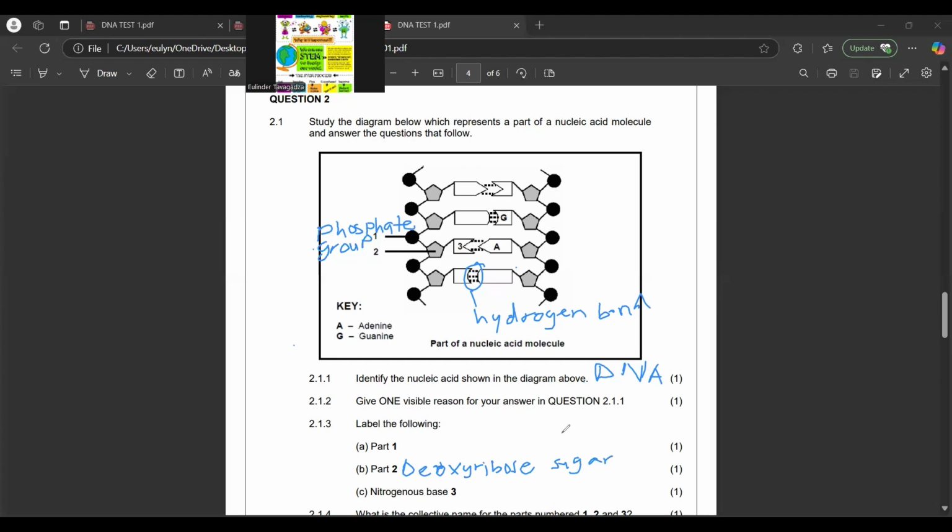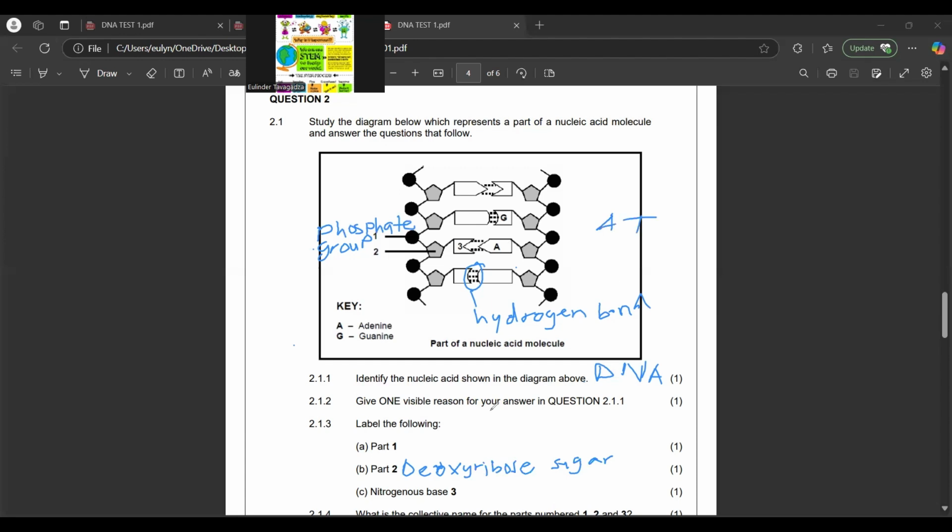So on DNA, we find deoxyribose sugar. And part 3, the nitrogenous base, you cannot just say this is nitrogenous base, because already you are given A, which means it's adenine. So we know that adenine goes with thymine, right?